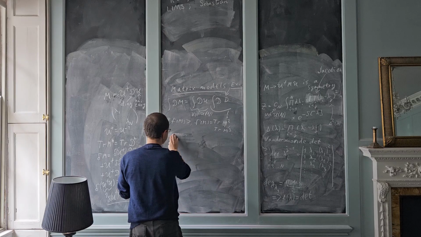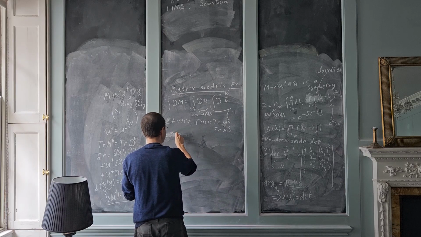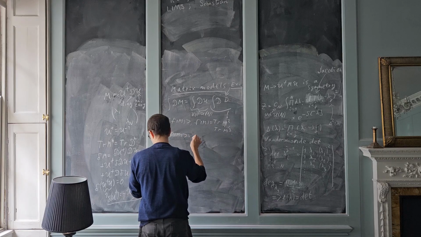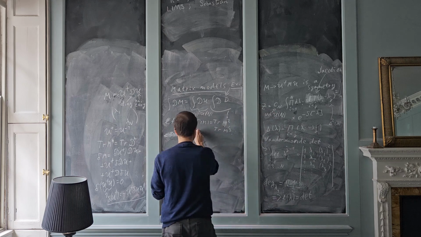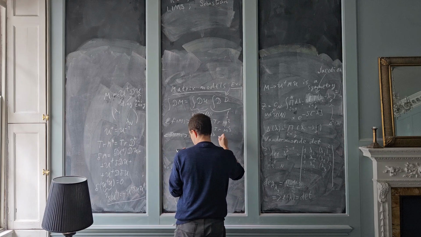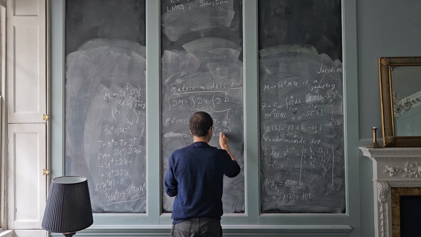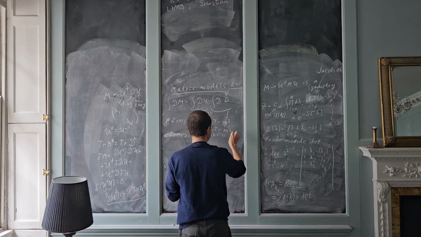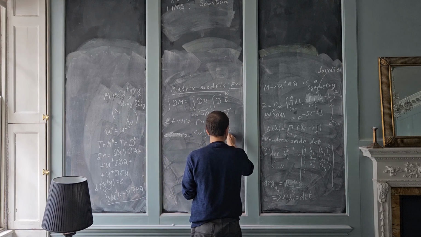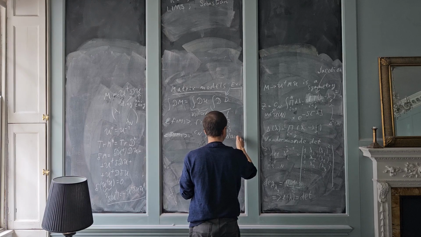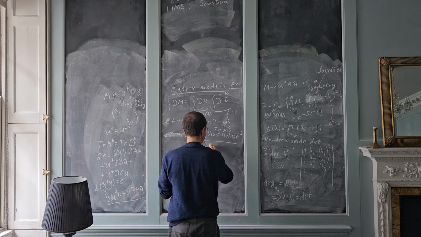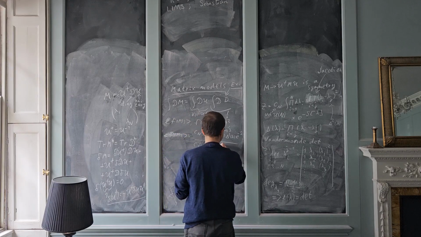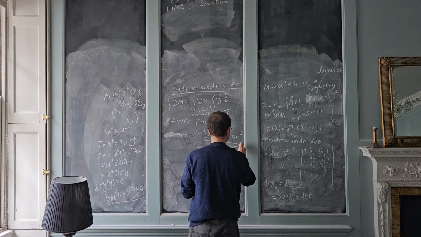First, to emphasize, this will be C_N times the integral d lambda f of lambda, delta squared of lambda e to the minus S of lambda, divided by C_N, the same thing without f: delta squared of lambda e to the minus S.